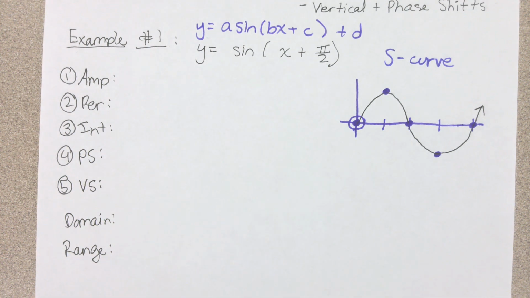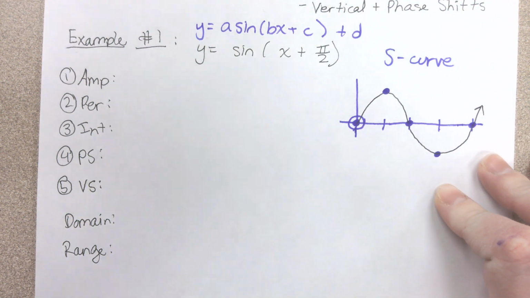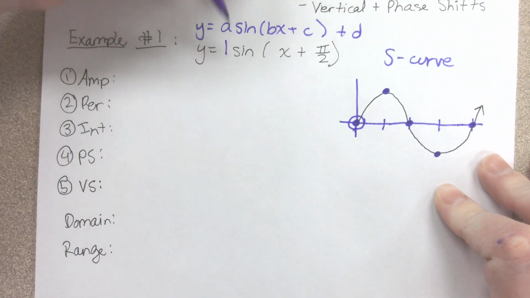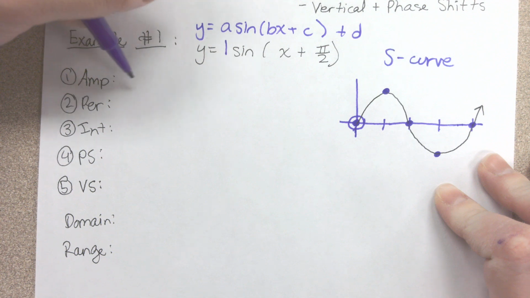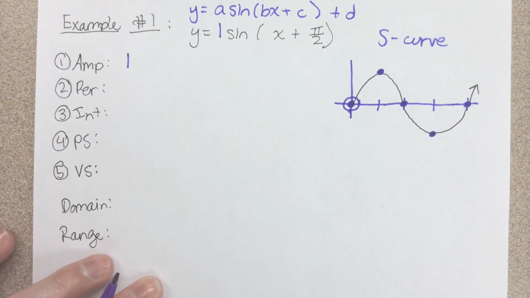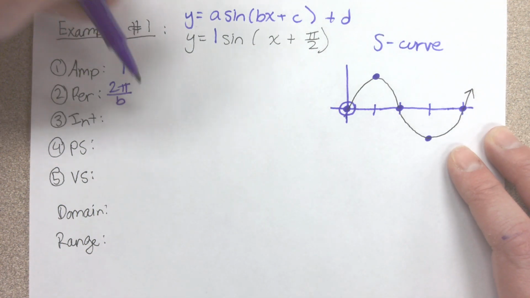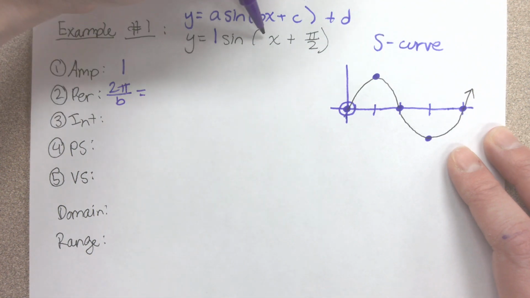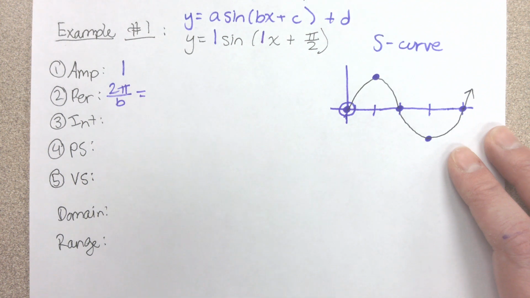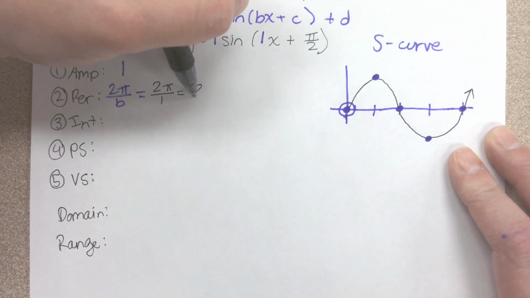All right, let's break down the equation. Amplitude, that's your A value, positive A. As you can see, there's no number in its spot, so again, it's still positive 1. Period, that's 2 pi over b. B in this case is also 1, so it's just going to be 2 pi over 1, or 2 pi.